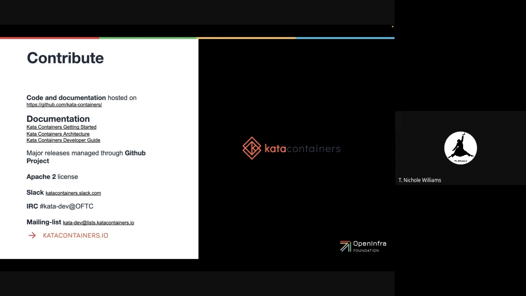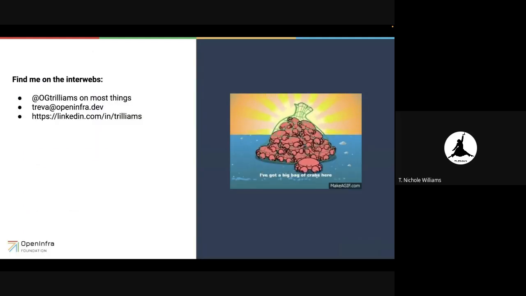Now, if for some reason you want to get a hold of me, I don't know why you want to do that. You can find me on GitHub and most of the socials as OG Trilliums. That's Mastodon, Spoutable, the Bird app, pretty much everywhere. And there's also LinkedIn. If you're not a social media type of person, just linkedin.com/Trilliums. That was one platform that I couldn't find OG Trilliums for some reason.